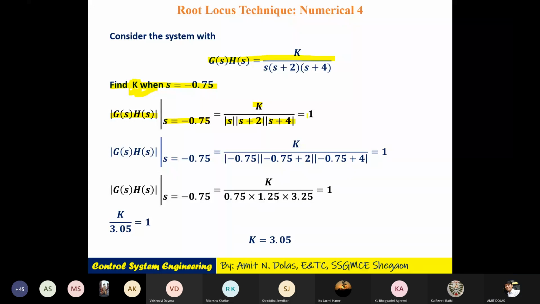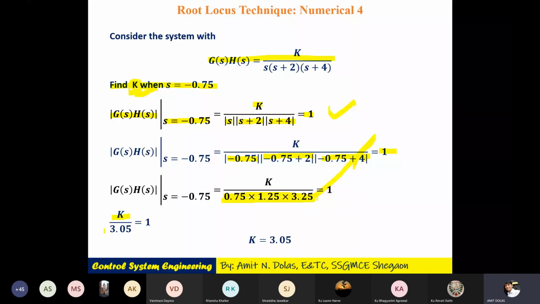Put all the values: magnitude of minus 0.75, magnitude of minus 0.75 plus 2, magnitude of minus 0.75 plus 4. Calculating this is the equation; no need to check. This is the condition, and the magnitude condition should be equal to 1. After doing the whole calculation, it will be k upon 3.05 equal to 1.